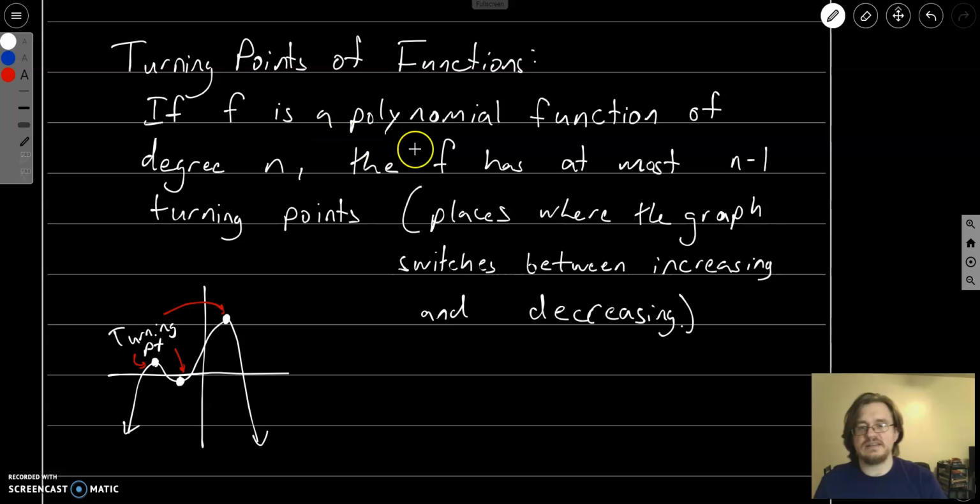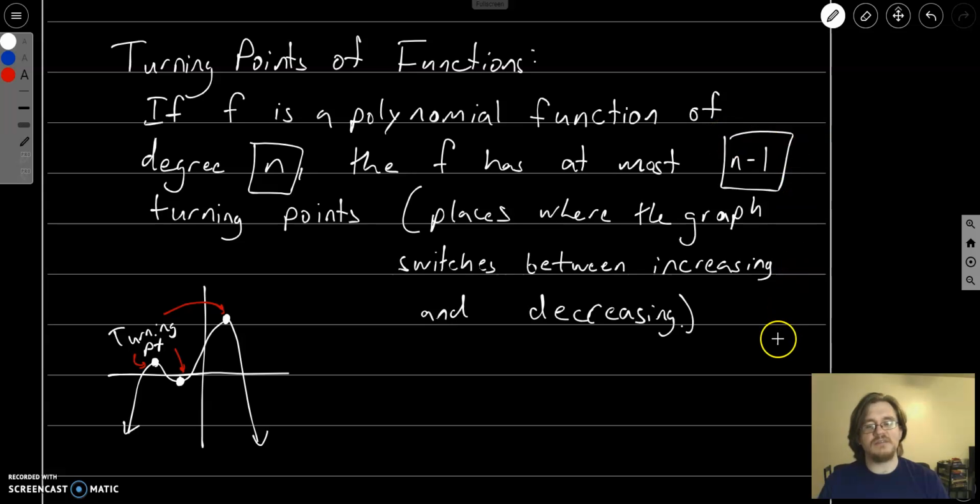What this tells us is that if we have a polynomial of degree n, you can have only n minus 1 turning points. And this is at most. It could be the case that you have fewer than this. So for this function, we have 3 turning points. So that means that this polynomial has to be of degree 4 or bigger.